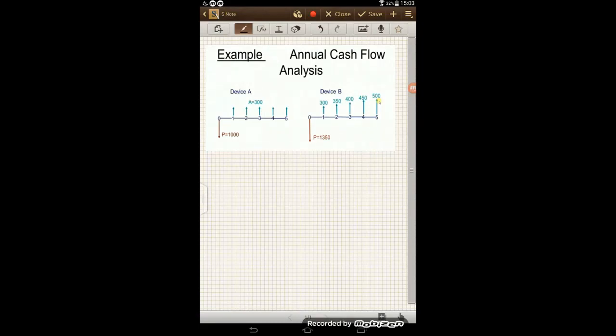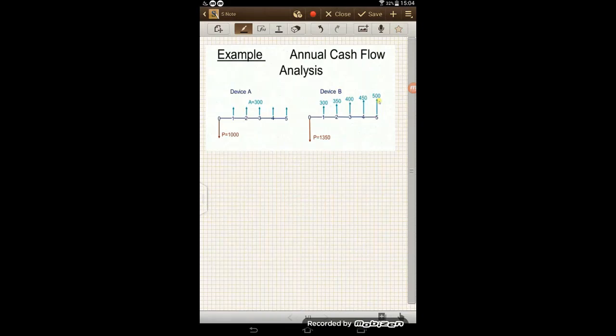In device B, we first pay 1,350, and it pays an annual uniform series of 300, but arithmetically gradually increasing by $50 each year. We are going to analyze each option and find which one is better.